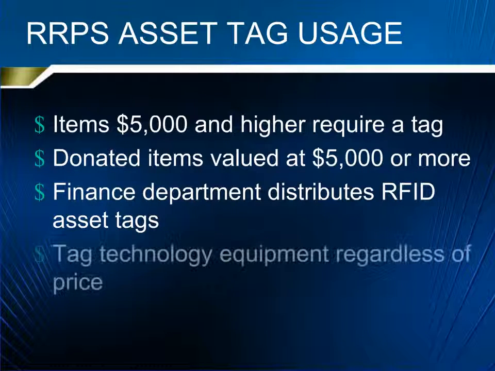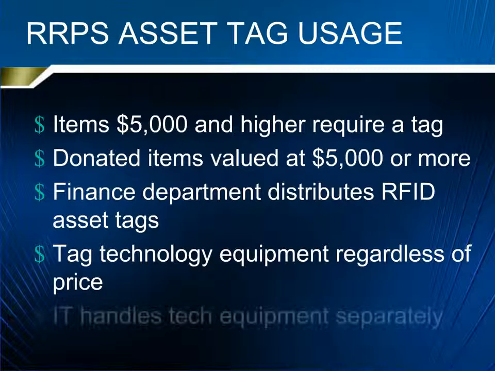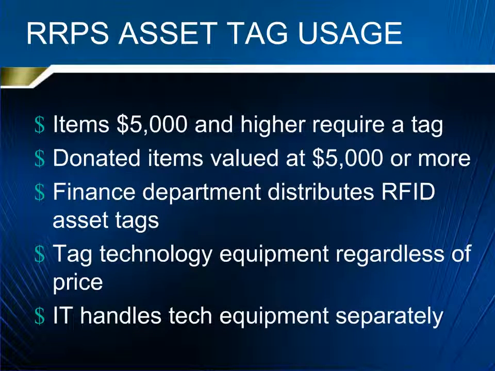The state auditor requires the tracking of all technology equipment containing a permanent hard drive or memory regardless of price. Items such as computers, laptops, servers, etc. These items are purchased using object code 57332 when the cost is under $5,000 and 57331 when the cost is over $5,000.